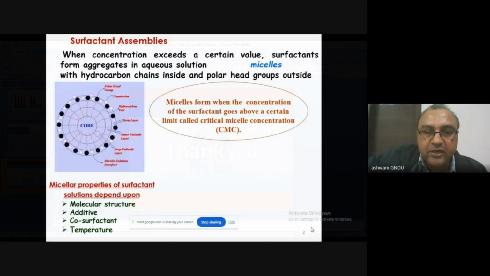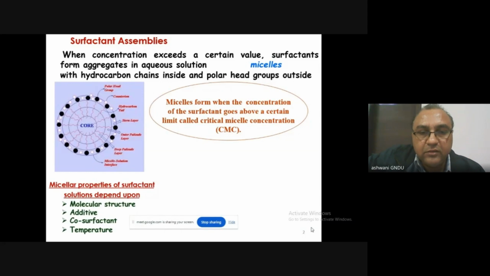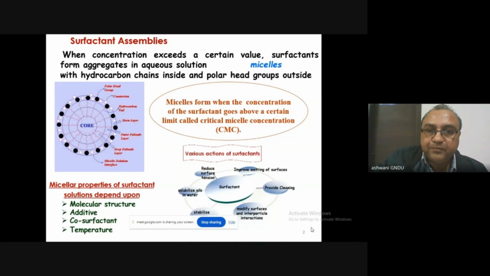I will discuss additives like organic solvents, glycols, and salts also. If a co-surfactant, another surfactant, is present, then the CMC is also affected. Lastly, temperature also affects the aggregation of the surfactant.